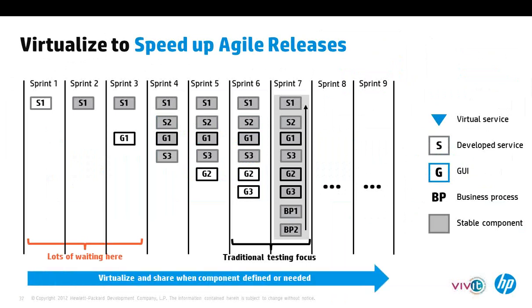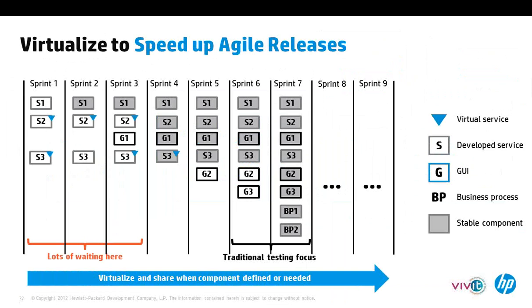So this leads to a lot of waiting time earlier in the sprints. And what we really want to do with respect to testing early in the life cycle is to be able to virtualize as many services as possible earlier in the sprint. So what you see as the blue triangle appearing on some of these boxes are services and components that are not built, but have been virtualized using technologies like HP Service Virtualization.